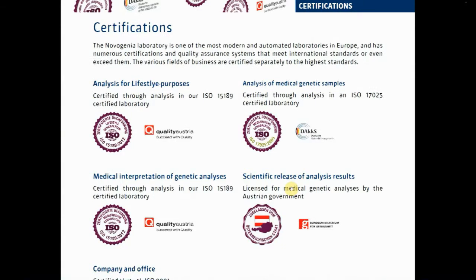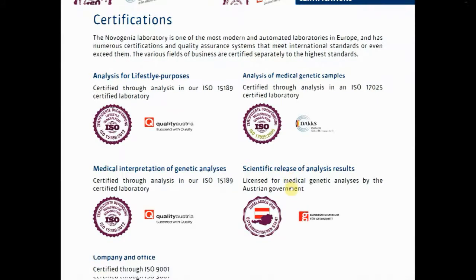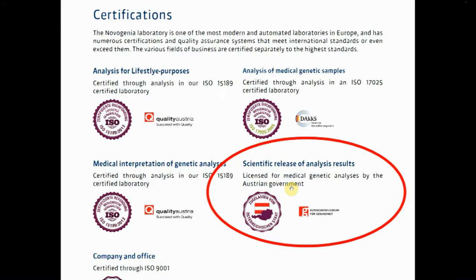So for one thing, this here is from the Austrian state. And many countries have genetic testing laws, which are meant to protect consumers from discrimination against genetics and so on. And they are in a different form in different countries. And as far as I'm aware, Austria in Europe has the most strict genetic testing laws that I'm aware of.